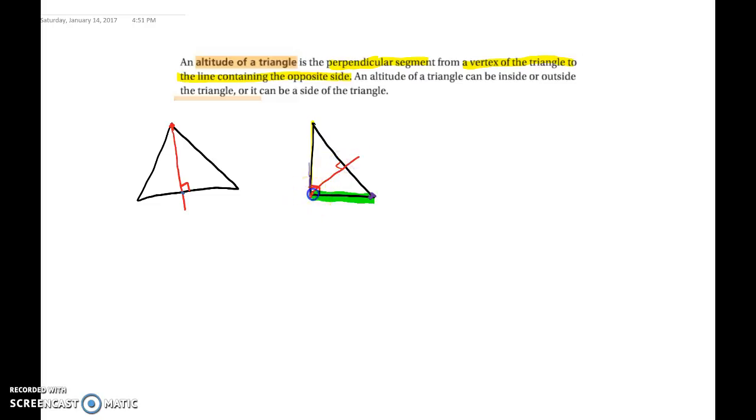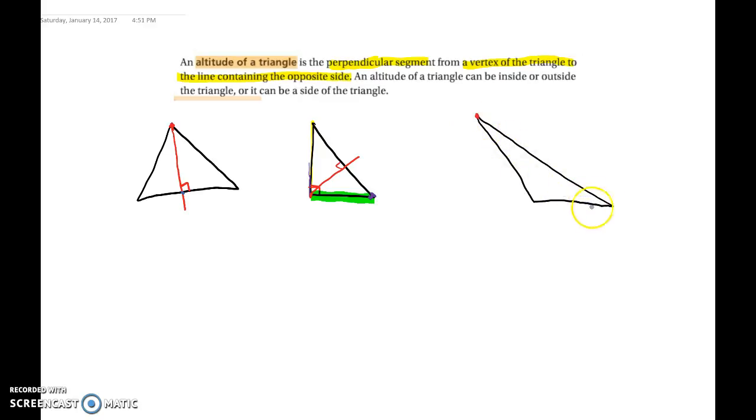And this point here is one of the points that we're going to discuss, right? And that's actually called our orthocenter, where all of your altitudes intersect. It's your point of concurrency, right? And then another way that your altitude can look is if you have a triangle like this, and I want to draw an altitude going from this vertex. Well, it's impossible for me to draw a line that's perpendicular within this side.